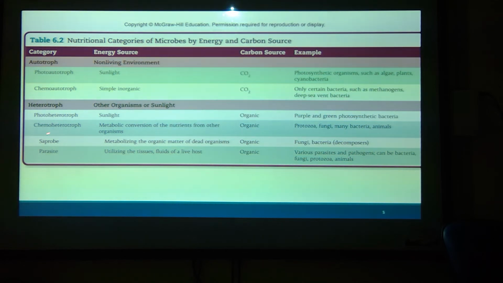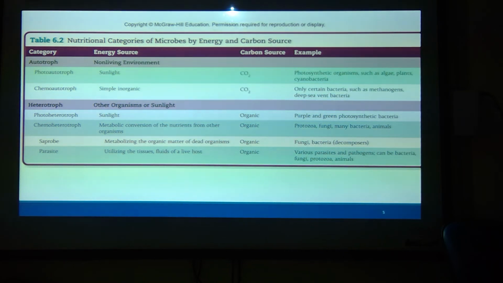So there are two types of chemoheterotrophs, okay? Saprobes, right here, or a parasite, right here. So a saprobe, okay? These are metabolizing the organic matter of dead organisms. The carbon source is still organic.